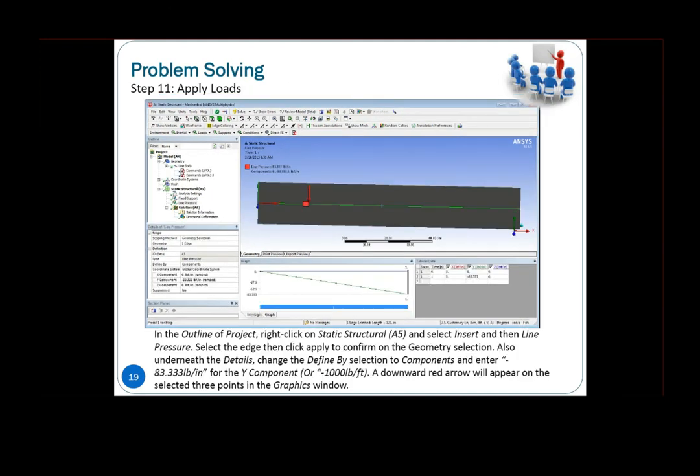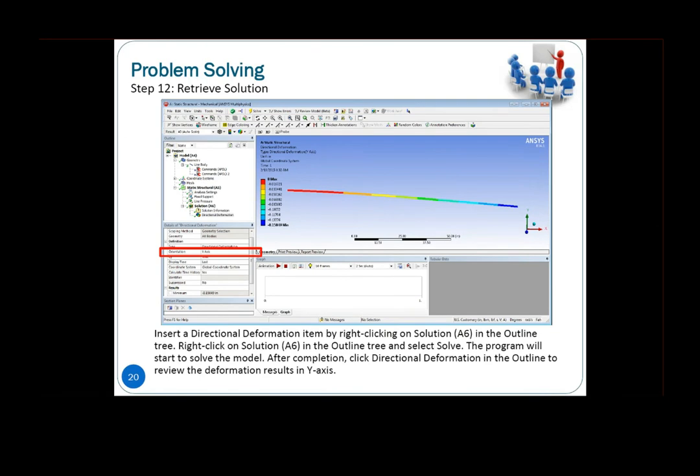For the load, we are putting a distributed load, so we have to select the line instead of the vertex or the node of the point itself. The load itself in the Y component is negative 1,000 pound per foot, so it's equivalent to 83.333 pound per inch, right? Then we solve it, and we look into the deflections or deformations in the y-axis only, the vertical, in this case.